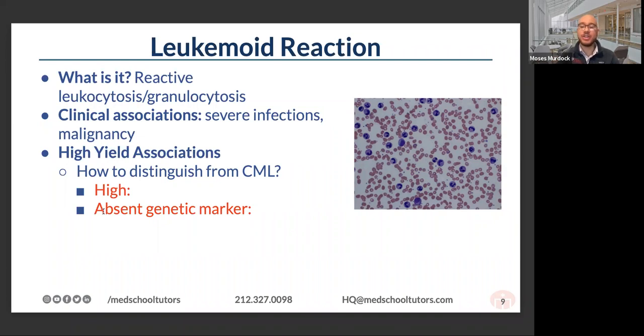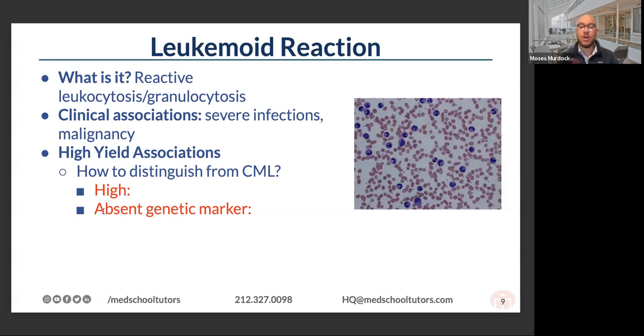The big differential diagnosis. Let's say you have a patient coming in and their white count is 60,000, right? 60,000 is markedly abnormal. I mean, it is 5 to 7 times higher than the upper limit of normal in most laboratories. And one of the key differential diagnoses is to distinguish it from CML, chronic myeloid leukemia.